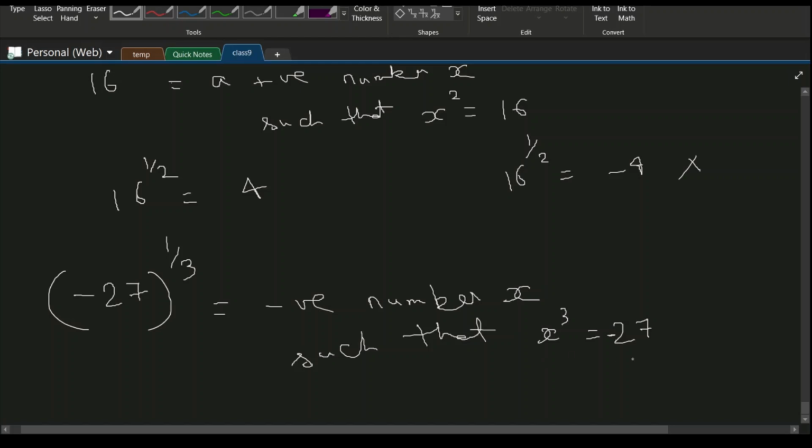So when I cube x, I should get minus 27. And another thing I'm emphasizing here is, since the base is negative, I want a negative number x.